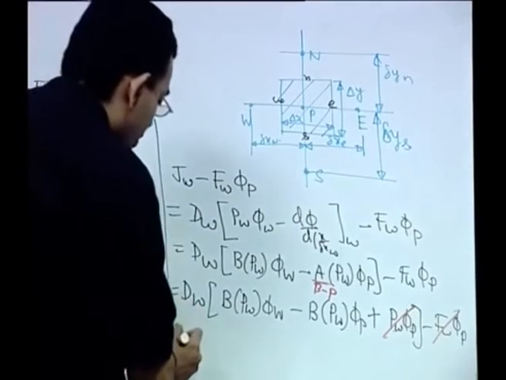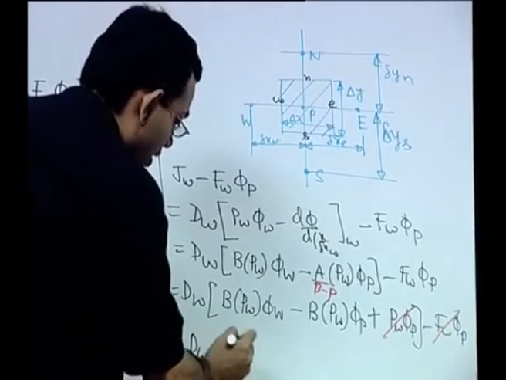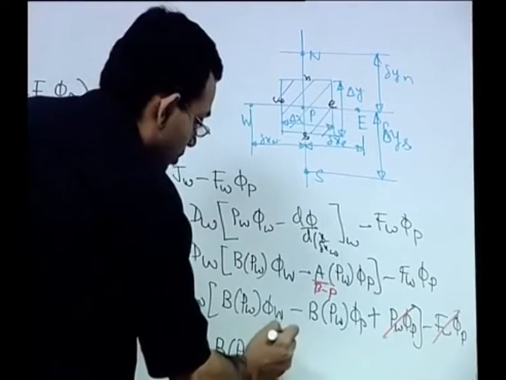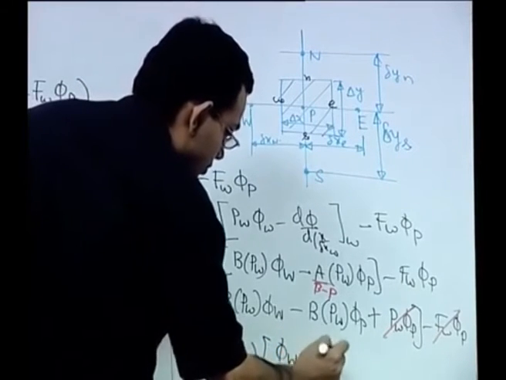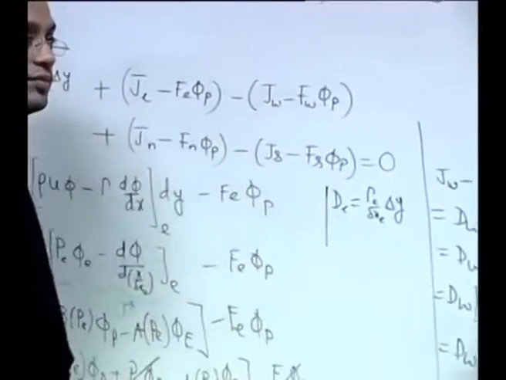So, you are left with dW into B Pw into phi w minus phi p. It is straightforward to find the remaining two terms, which are exactly similar to these two terms.